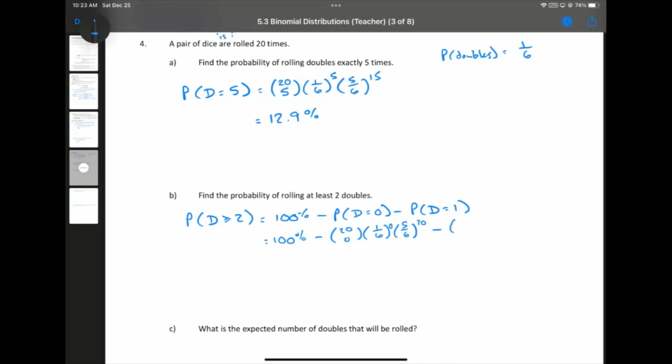And the second one is 20 choose 1, 1/6 to the 1, 5/6 to the 19. The good news is the first and second factors don't actually do anything. They're both ones. So it's just 5/6 to the exponent 20. And that, as a percentage, is 2.6%.